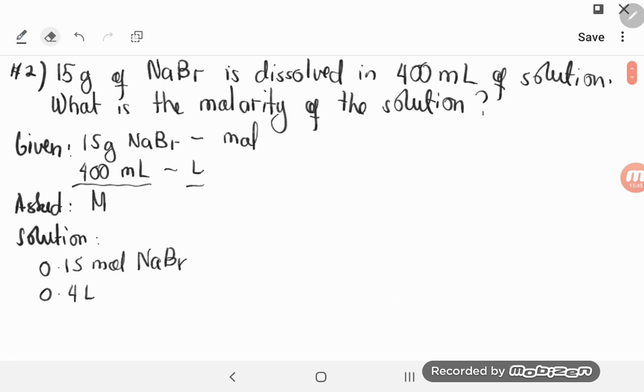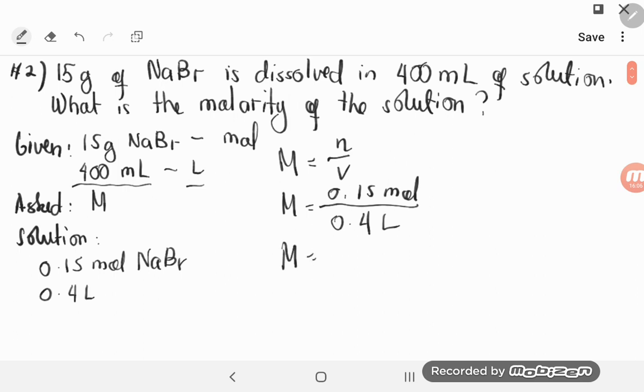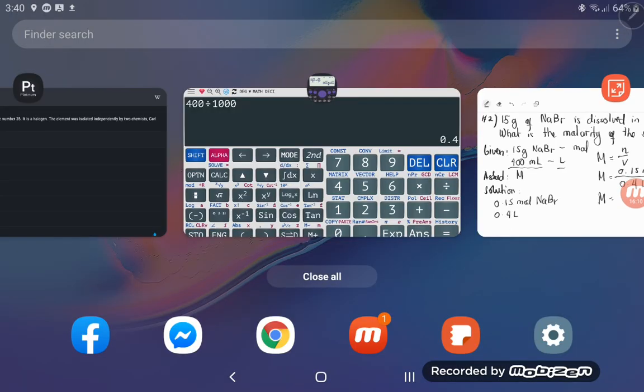So using the formula, M is equal to N over V. Let us now substitute the formula. N is 0.15 mole divided by 0.4 liters. Now we will be using the calculator once again to solve for it.